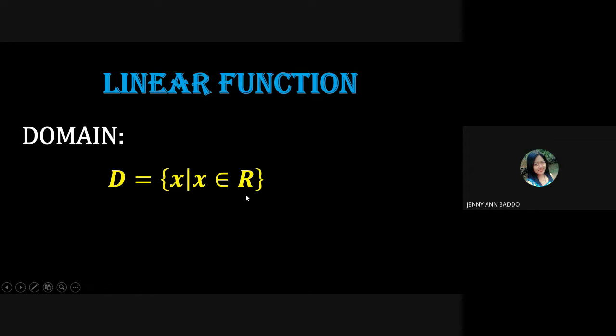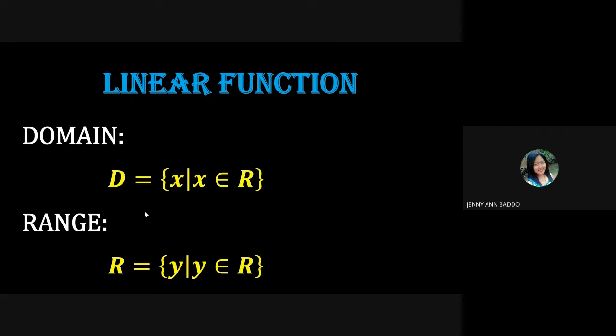Take note, all numbers that are on the x and y axis of the Cartesian plane are real numbers. And of course, for the range, we have the capital letter R equals y such that y is an element of R. So again, the domain and range of a linear function are elements of the real numbers.